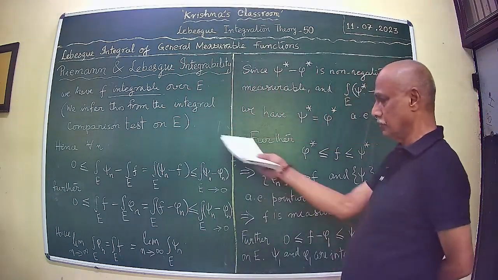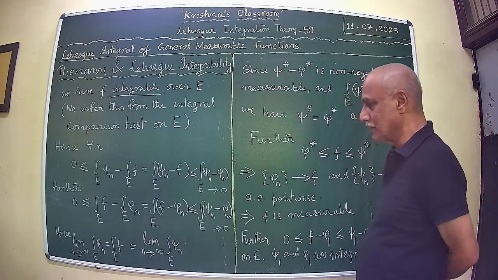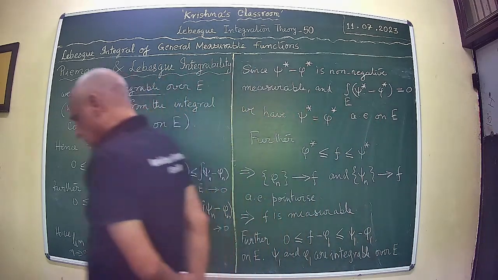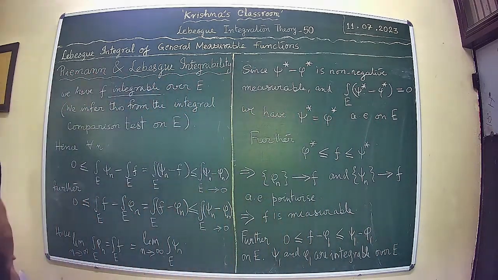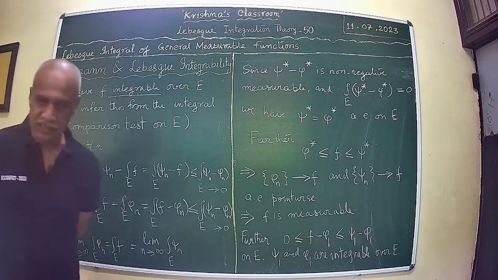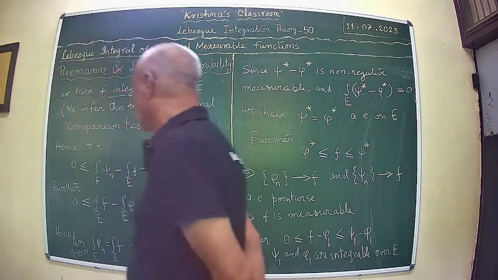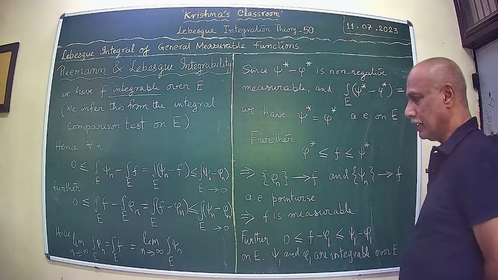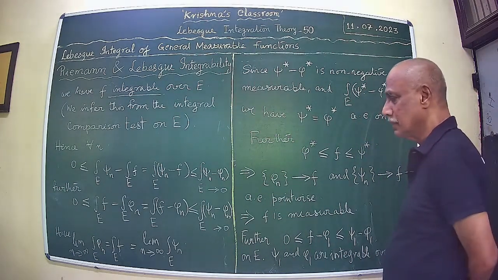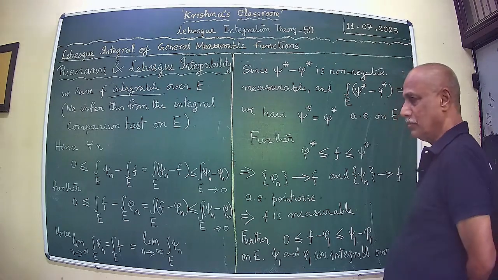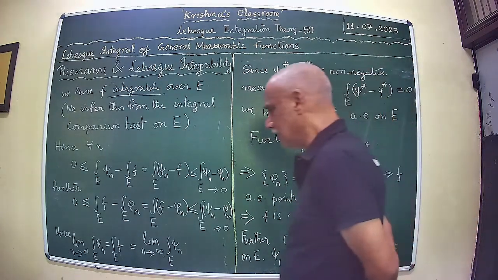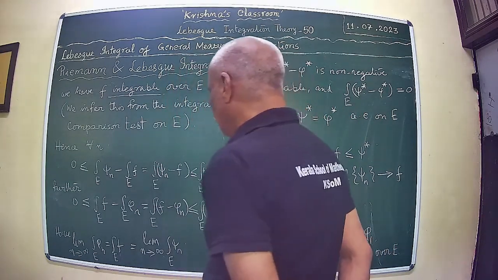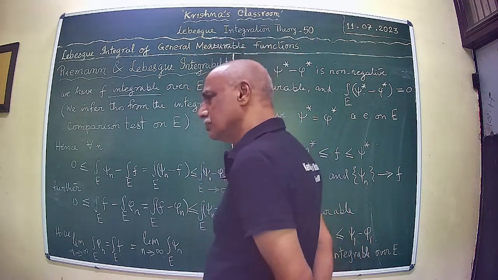If you have such a sequence of functions, then the limiting function is essentially squeezed between these phi n's and psi n's, and it is integrable, and the integral can be obtained either by approximating from below by the integrals of phi n, or approximating from above by the integrals of psi n.